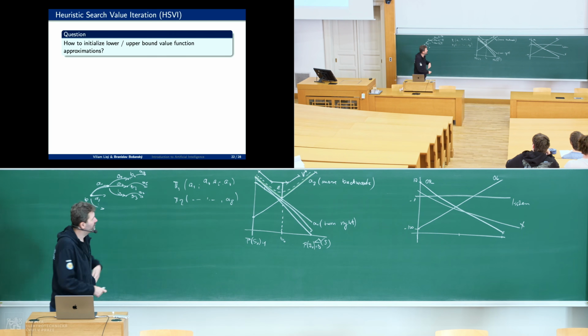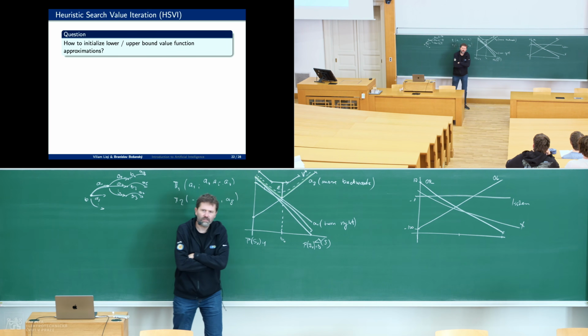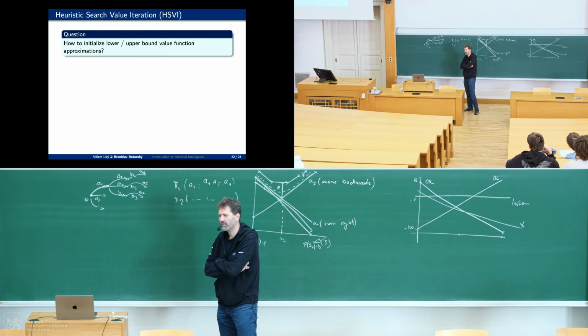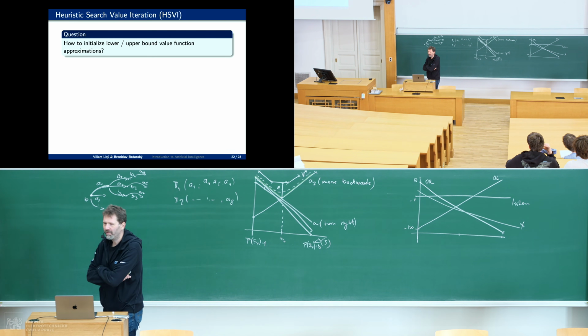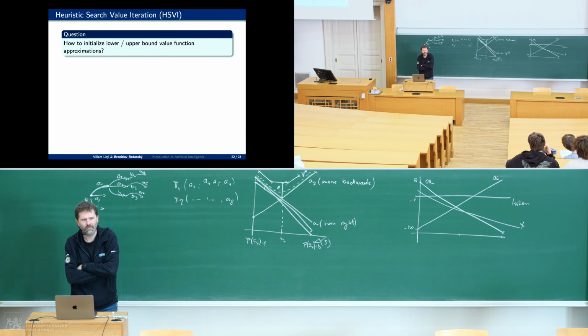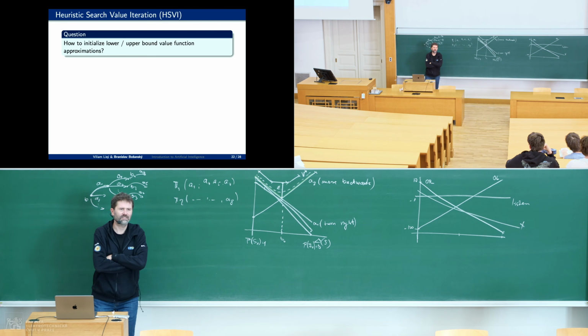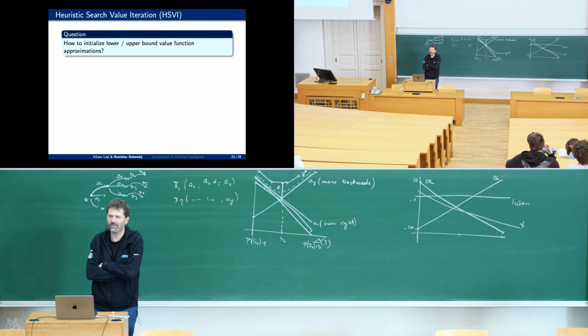So the question is how to initialize. And again, this is very common to other problems that you want to solve. You have a POMDP, you have another type of problem, and you need to initialize the algorithm with some lower bound and some upper bound. So what would be a good representative of a lower bound?